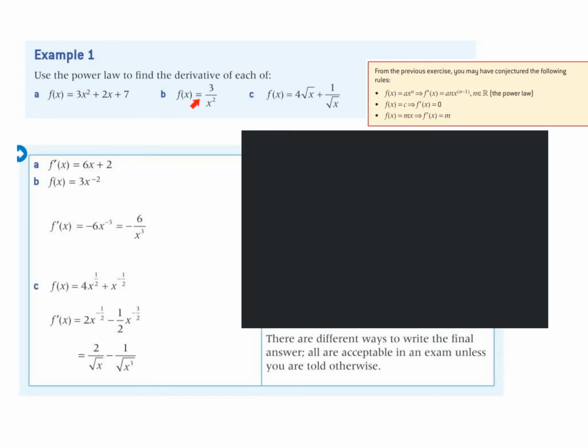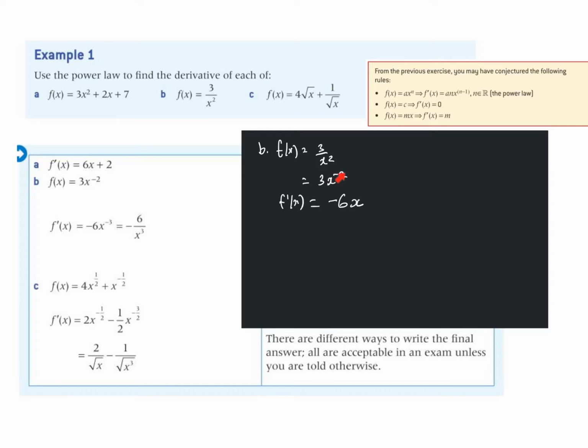Let's have a look at B. The function f(x) equals 3 over x squared. First step, you need to rewrite it. So let's write it as it is. B, f(x) equals 3 over x squared. We can rewrite that as 3 times x to the minus 2. Now the derivative, following the same power law, you bring down the minus 2 to the front, so it's minus 2 times 3, that's minus 6x.